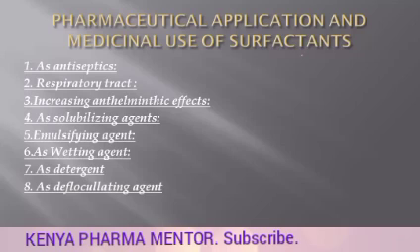The second one is the respiratory tract. Lung surfactant is a complex mixture of proteins and lipids, but the major compound is phosphatidylcholine. Surfactant coats the alveoli. Alveoli are the air sacs present in the lungs, and they help in breathing.